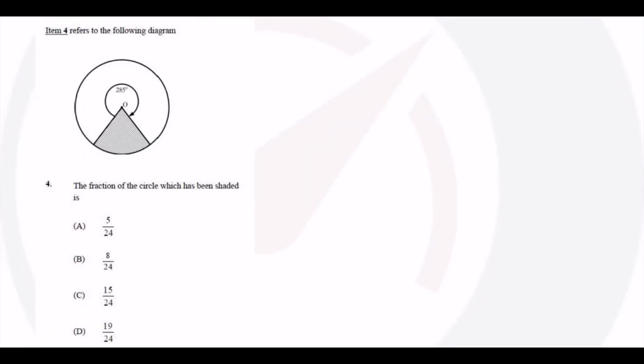Question 4. Item 4 refers to the following diagram. So we see our circle, and we're given the sector with angle 285, and we have a shaded area here where the angle is not given.